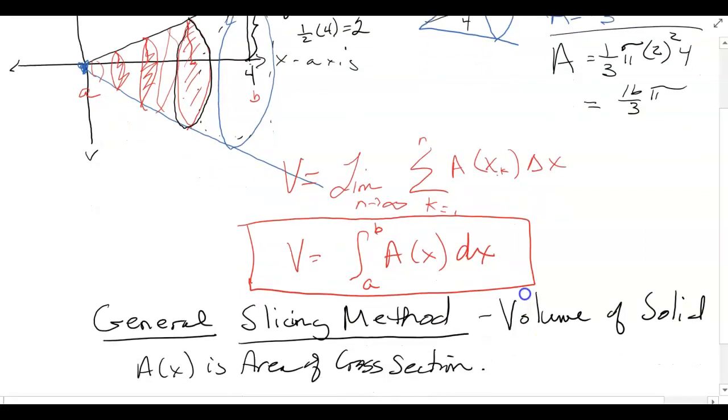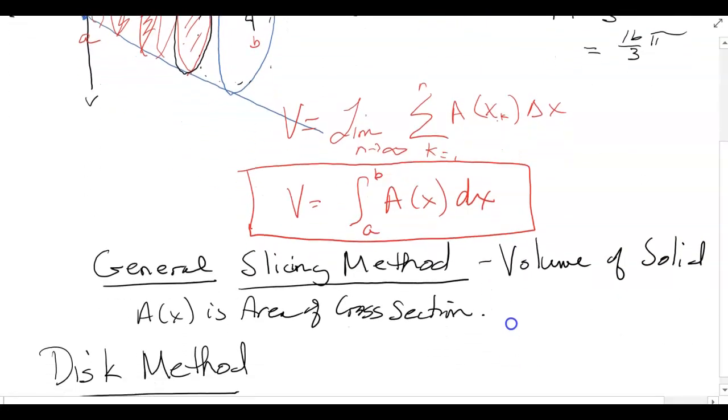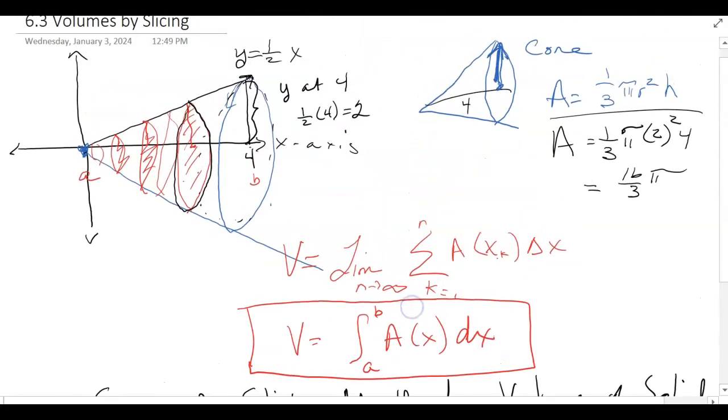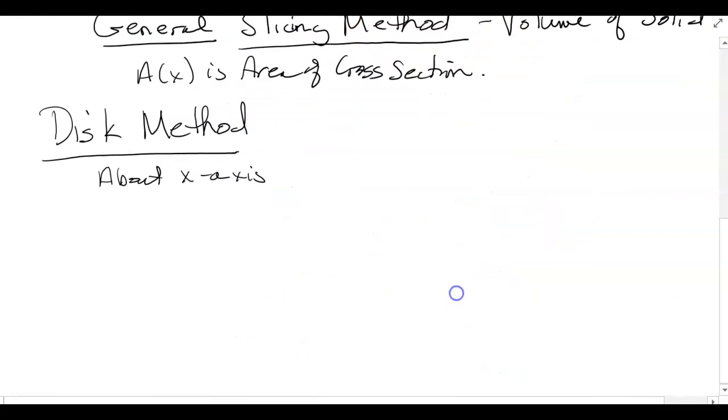And because they are disks, all of them using the disk method, your area is going to be that of a circle. So let's take a look at the disk method first about the x-axis. And then we're going to use that to see if we can get the same area for our cone. So let me write it out first.